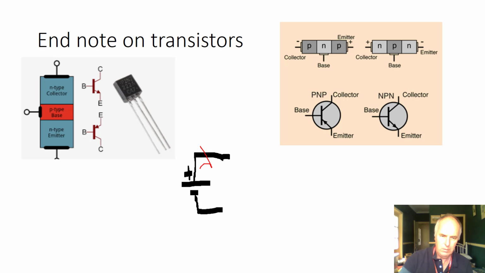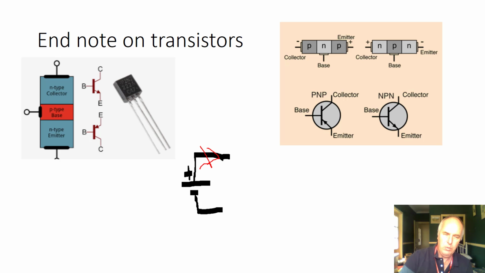The current is flowing through here, and the current always flows in this direction, so in each transistor this little arrow has to be pointing in the direction positive to negative.